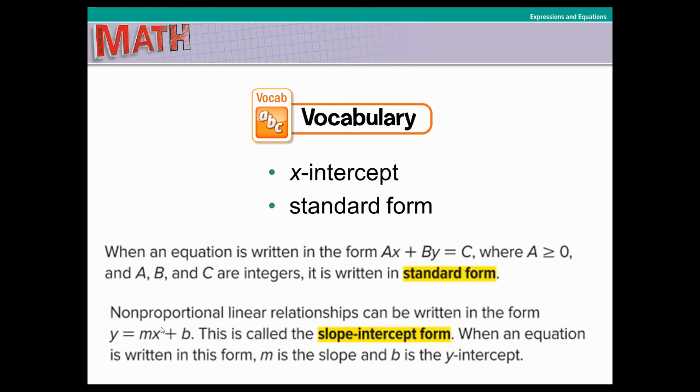And the slope-intercept is y equals mx plus b. Hopefully you can see where in the standard form, c would actually take the place of b. Ax is really mx. And by is nothing more than if y had a coefficient in front of it. So hopefully you see that, or as time goes along, you'll be able to see that.